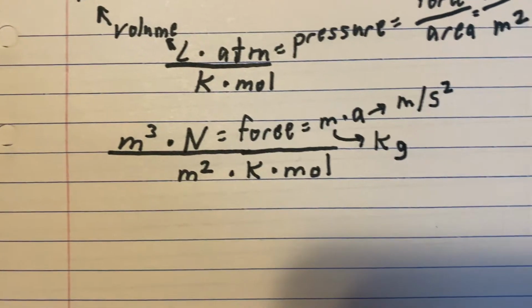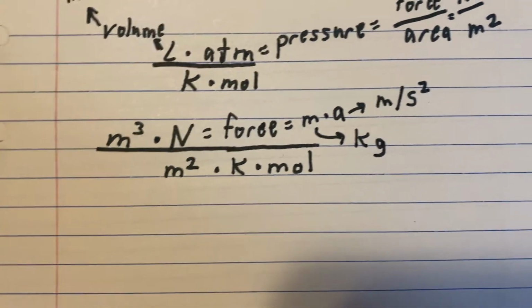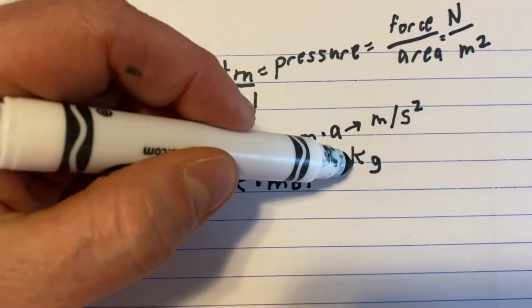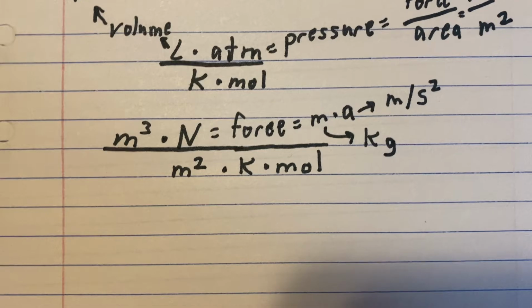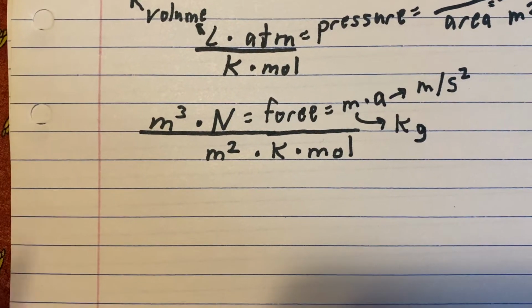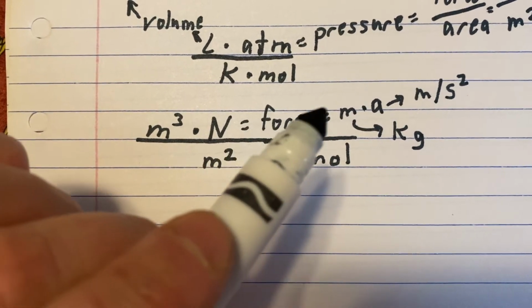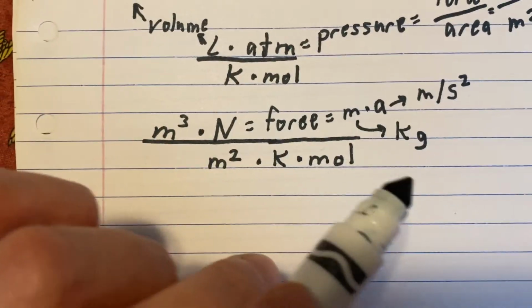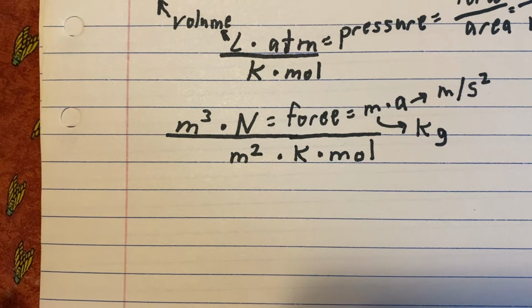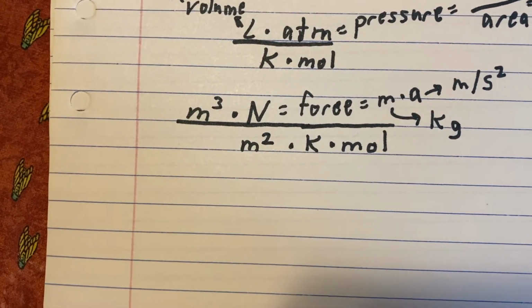Those are the base units. It's really the only three things we can actually measure: mass, distance, and time. So I'm going to rewrite newtons in its base units of kilograms and meters per second squared. You got it? Okay.